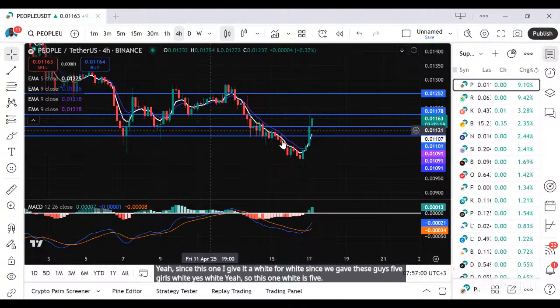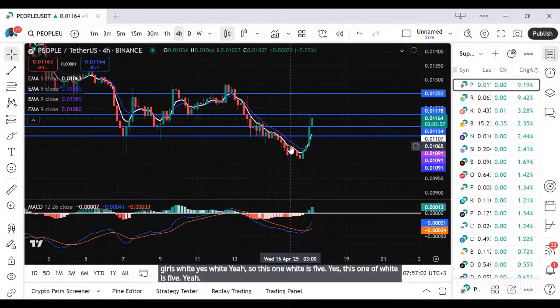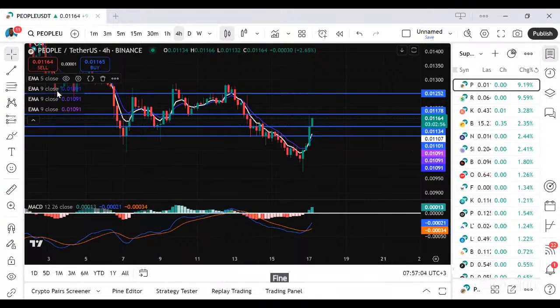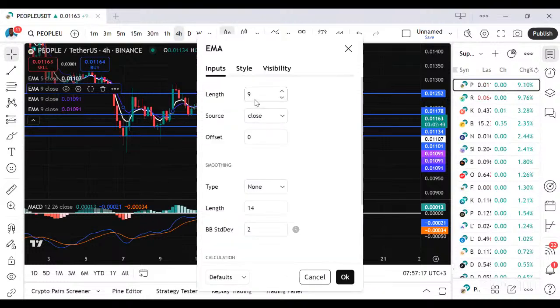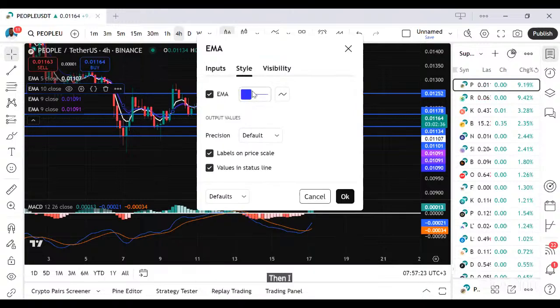Five is a very good number. Now I'm using multiples of 5, so this will be 10. Then I change the color.